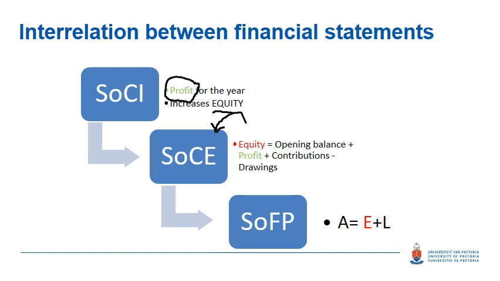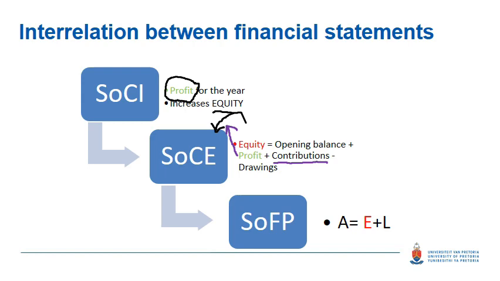The statement of changes in equity shows the movement in the balance of equity. So we will start the statement of changes in equity with the opening balance for capital, plus the profit that comes from the previous statement, plus contributions. Now these are additional contributions that the owner has made to the business, capital contributions, minus the drawings.